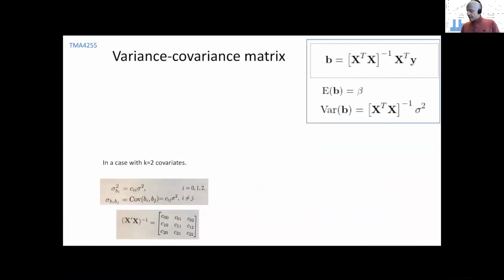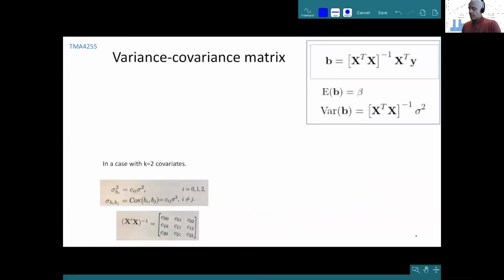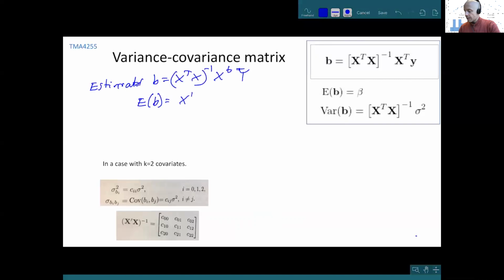So this is the estimate when I plug in y, but I can also say that an estimator is b equal to x transpose x inverse x transpose y, where this y is now considered a random variable. So it has an expectation, it has a variance, and it's Gaussian distributed because these epsilon are Gaussian distributed. And then we can compute the expected value of b, which is this thing in front here, and then times the expected value of y.